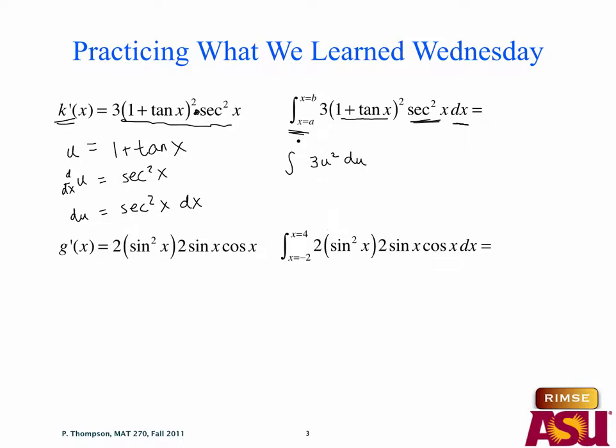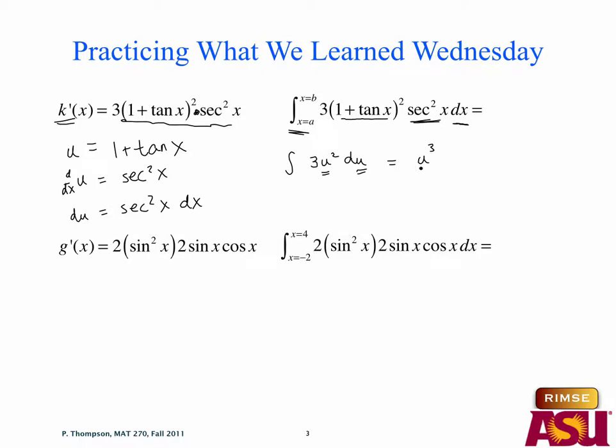So then notice I'm not messing with the bounds. I'm going to sort of leave them out of my line of sight for the moment and deal with this. So what is a function now in terms of u that has 3u squared as its derivative? U to the third, right?